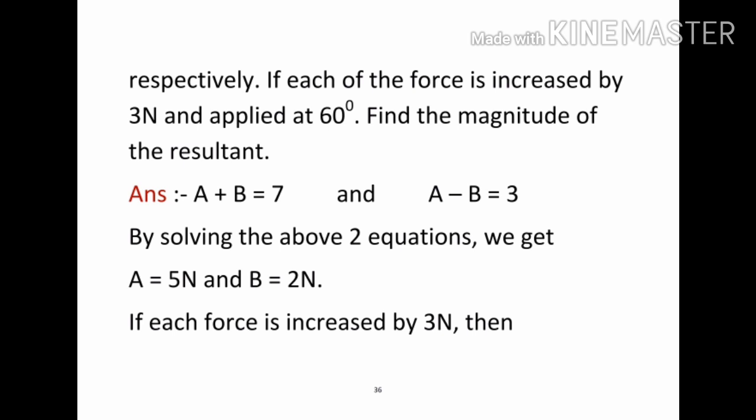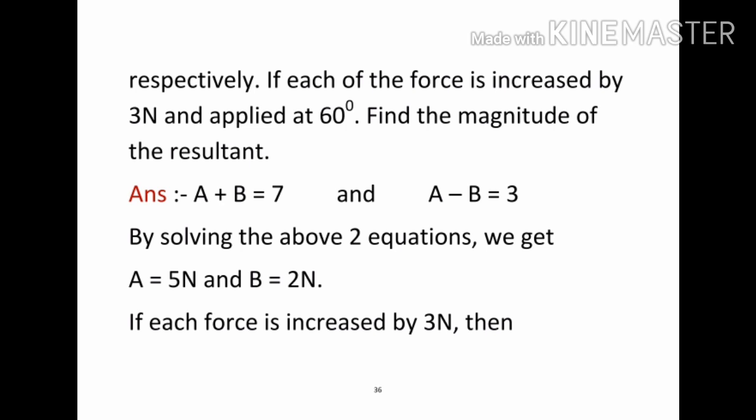So R max is taken as A plus B, that is equal to 7. And next, least resultant means R minimum, that is taken as A minus B. So A minus B is equal to 3. So we get two equations, A plus B equal to 7 and A minus B equal to 3. By adding those two equations, we get A is equal to 5 Newton, and by substituting A equal to 5 Newton in any equation, you can get B is equal to 2 Newton.